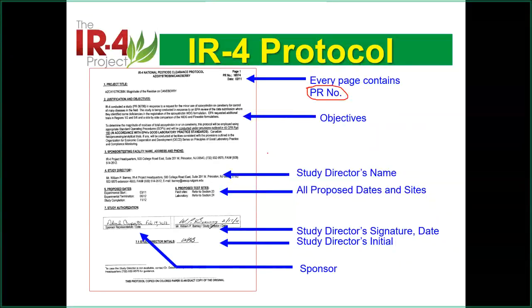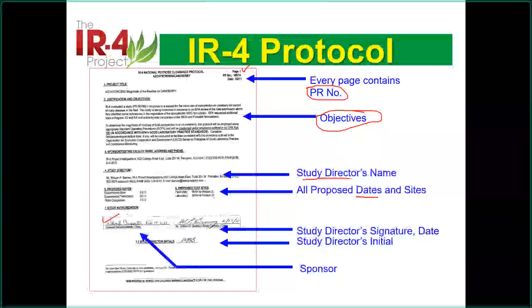Also put how many page numbers there are, what the objectives are, and who the study director is. And propose all those dates there, which is here. Then you have the signatures here and here.